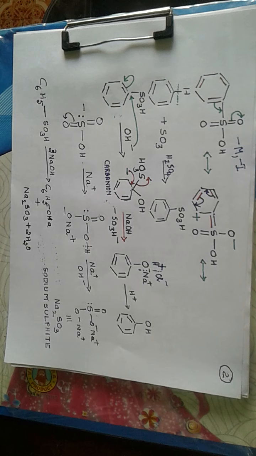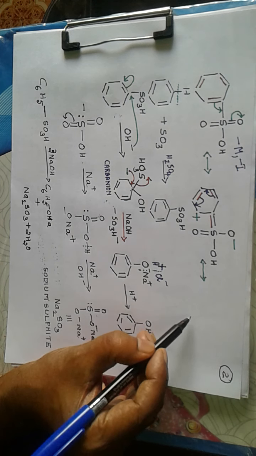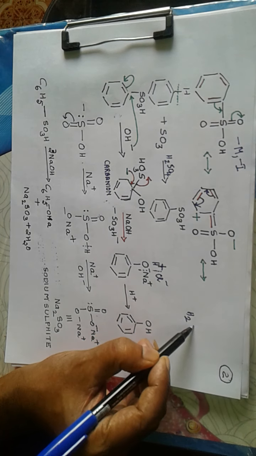Now phenol is less acidic than hydrochloric acid or sulfuric acid, and phenol is also less acidic than even the carboxylic acids, RCOOH, so a COOH group is more acidic than phenol, and again phenol is less acidic than carbonic acid, which is H2CO3.